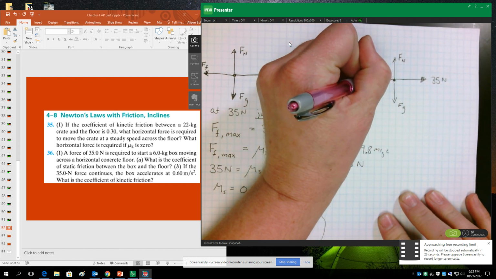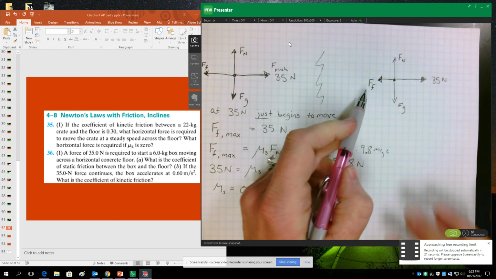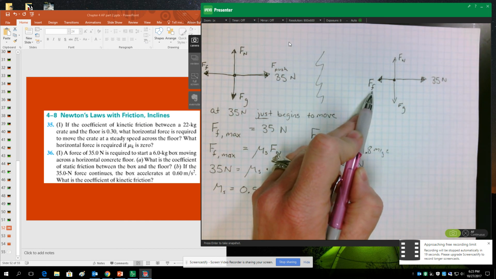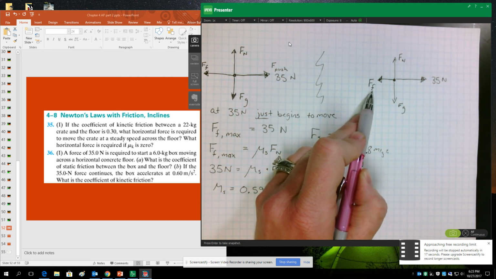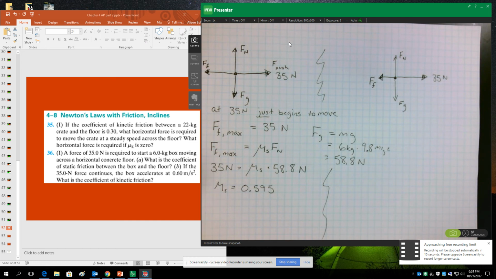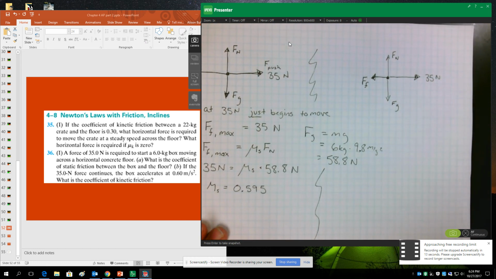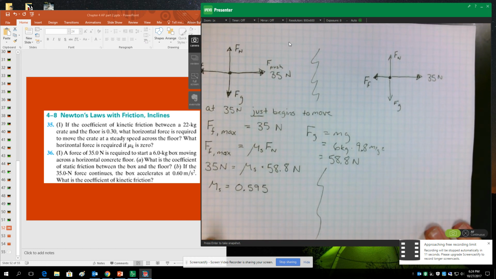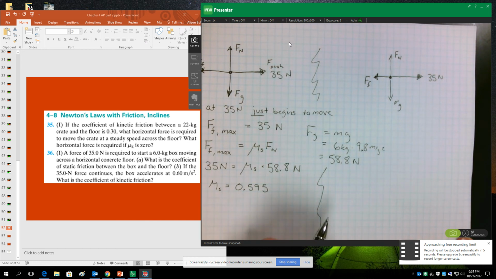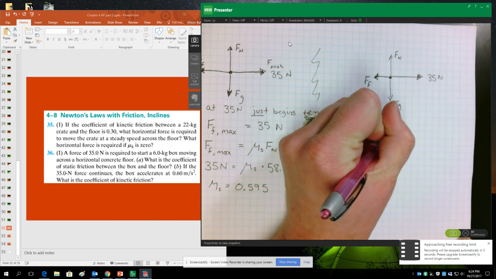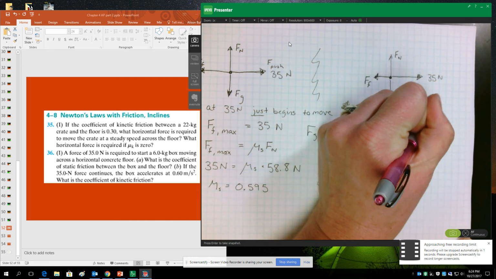This is still the same symbol, F subscript F, but it is now kinetic friction, and kinetic friction is always smaller than static friction. So I know that if that 35 newton force continues, the box accelerates at 0.6 meters per second squared. So acceleration is 0.6 meters per second squared.